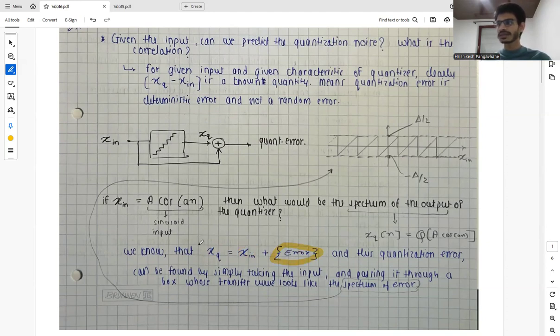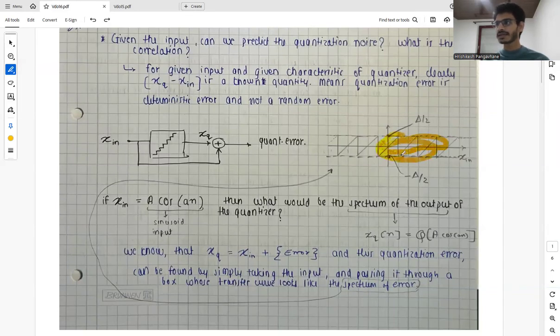The quantization error can be found by simply taking the input xn and passing it through a box whose transfer curve looks like the spectrum of the error, like this.